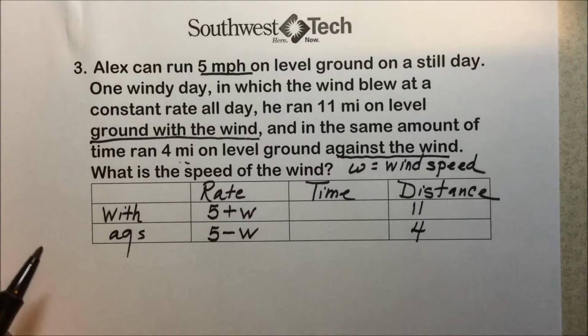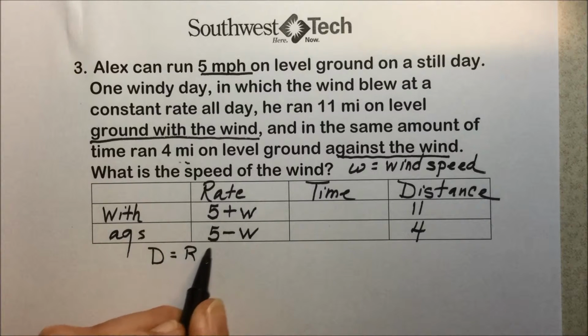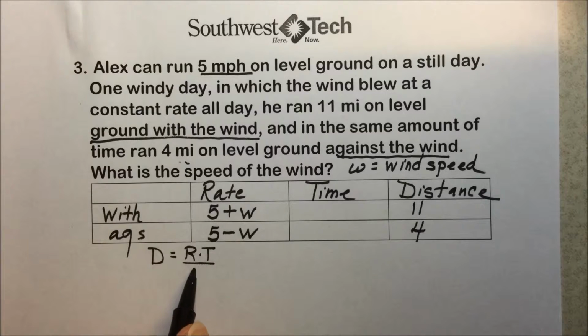How do we fill in time? Well, we have a formula of distance equals rate times time, and if we're solving for time, we will undo the multiplication by dividing by R. So we end up with time is found by taking distance divided by rate.